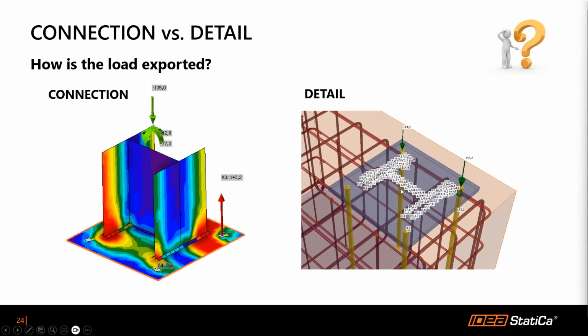You get a group of forces, which is the equivalent stress in the welds acting onto the base plate, and then a group of forces acting in the anchor. They are exported as a pair.